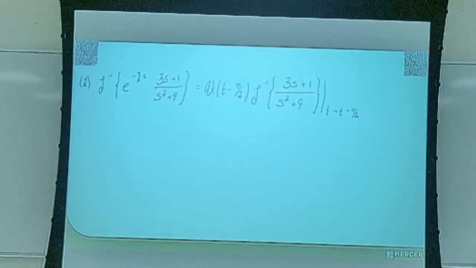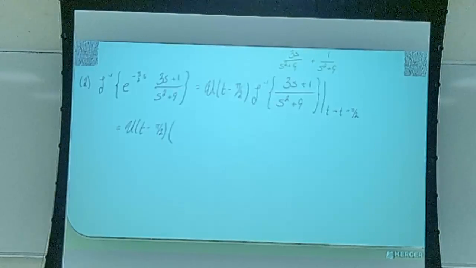That's actually not difficult. So we can write it that way, right? 3s over s squared plus 9.